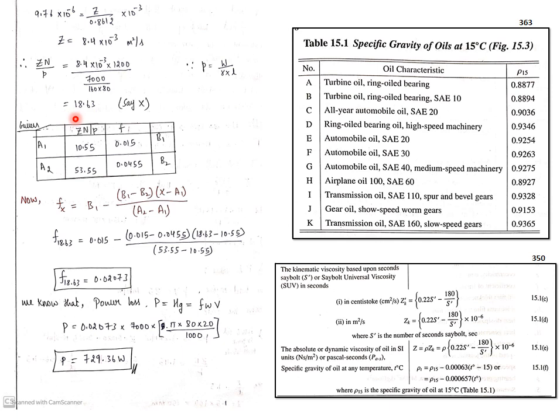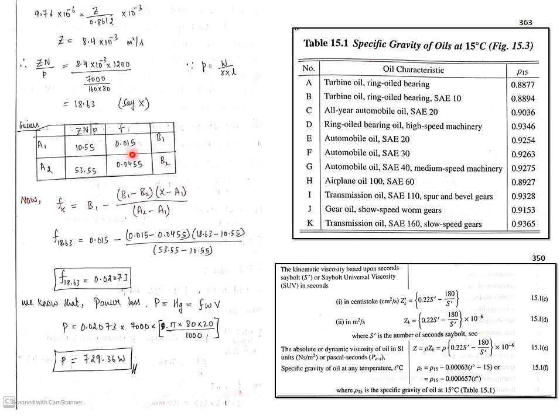That is 18.63. Now if you see the question properly, he has given two sets of equations. For ZN by P equal to 10.55, F is equal to 0.015. Similarly, in the other set, for ZN by P equal to 53.55, F is equal to 0.0455.